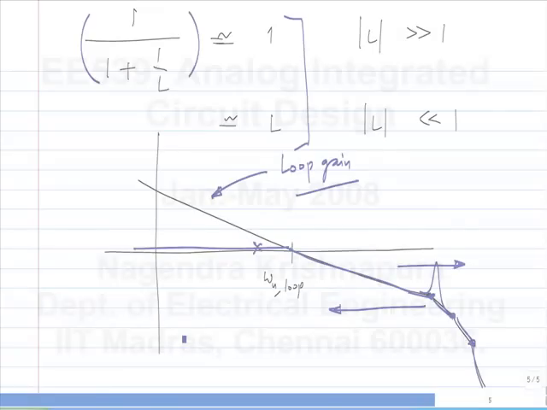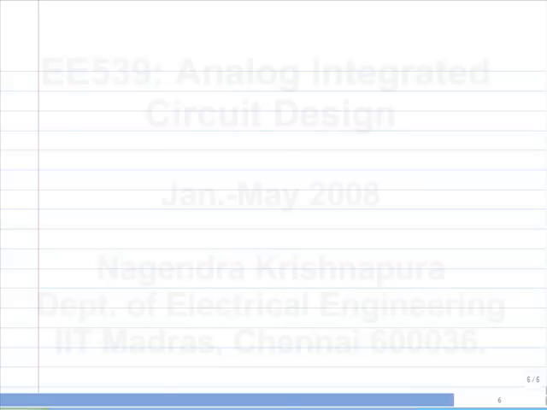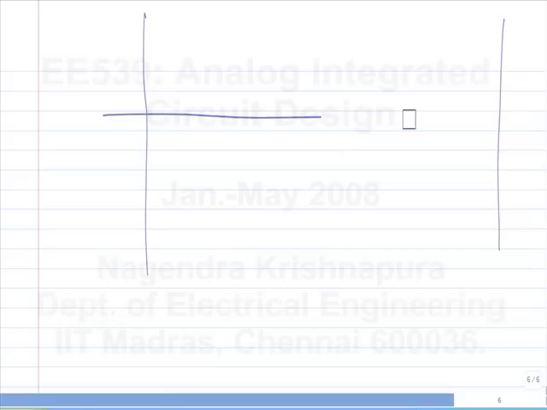But your phase margin will be very bad to begin with, right? Meaning, if you had complex poles in the loop gain, like we started off with something where one of the poles was here and the other pole was somewhere far away.